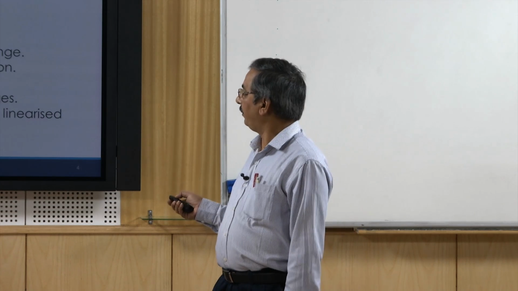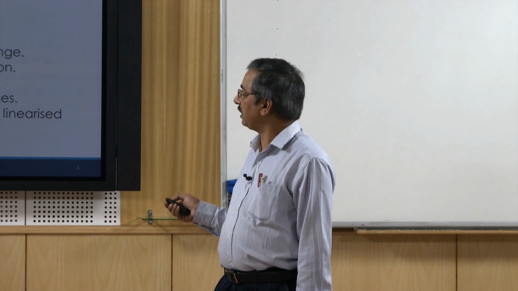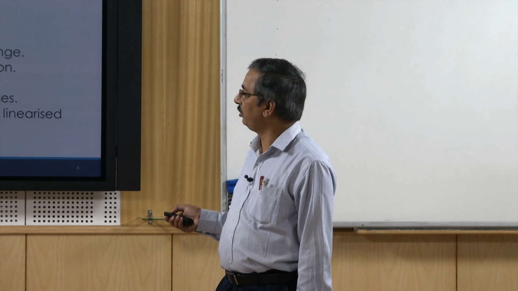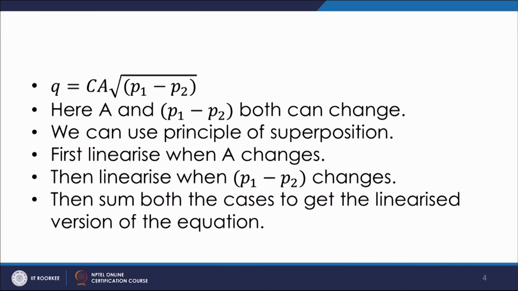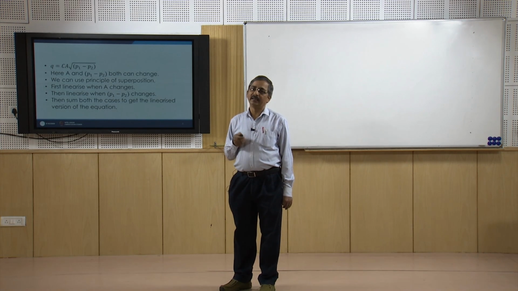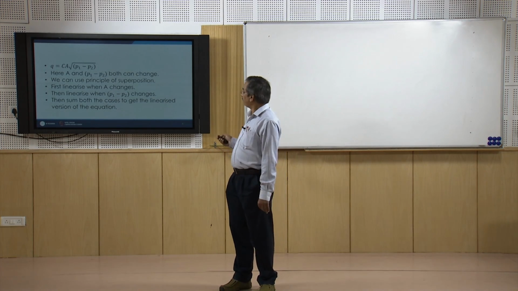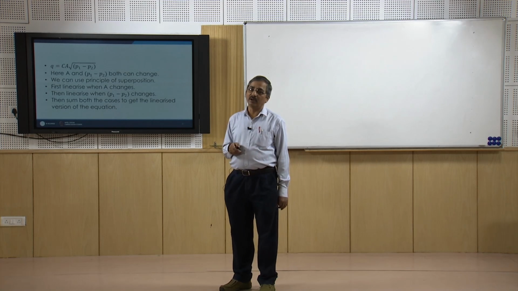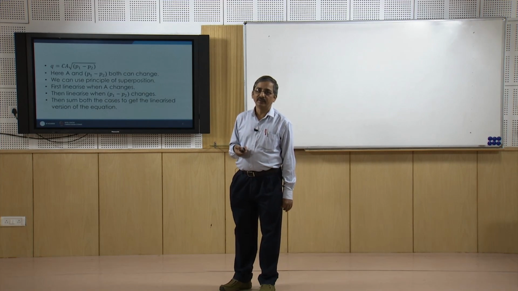First we linearize when only A changes, and then we linearize when only P1 minus P2 changes. Then we sum both cases to get the linearized version of the equation. Remember, the principle of superposition is applicable only for the linearized system.